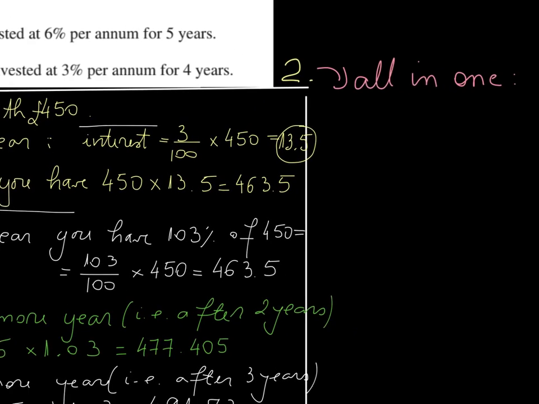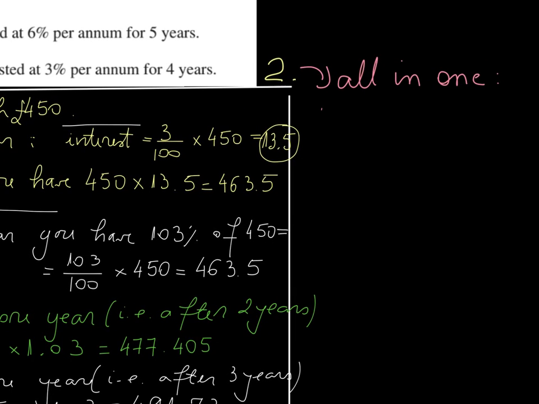So you start with 450. After 1 year, you end up with 450 times 1.03. This is at the end of the first year.